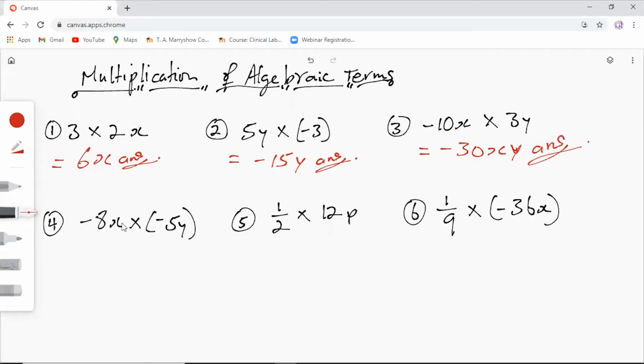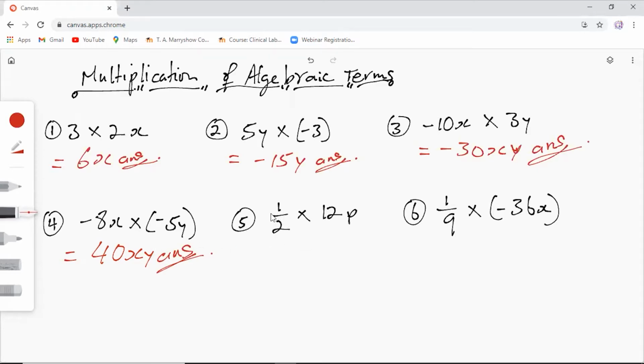We have negative 8x times negative 5y. Negative 8 times negative 5 would give us positive 40. So positive 40xy, because x times y is xy. Remember, a negative number multiplied by a negative number will give us a positive number. So that's our answer here, positive 40xy.